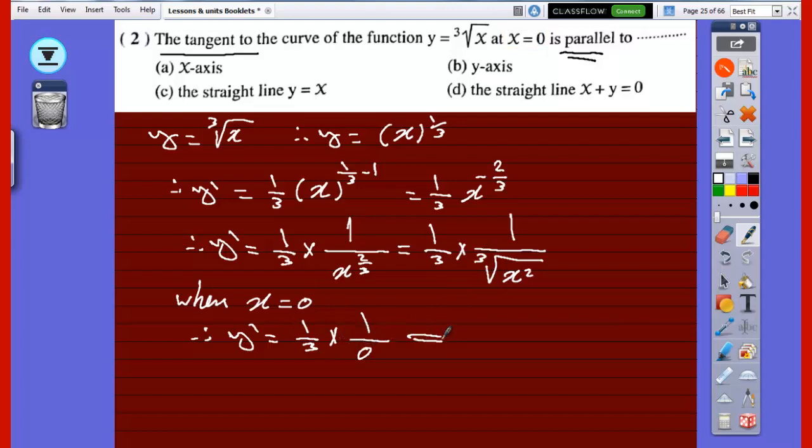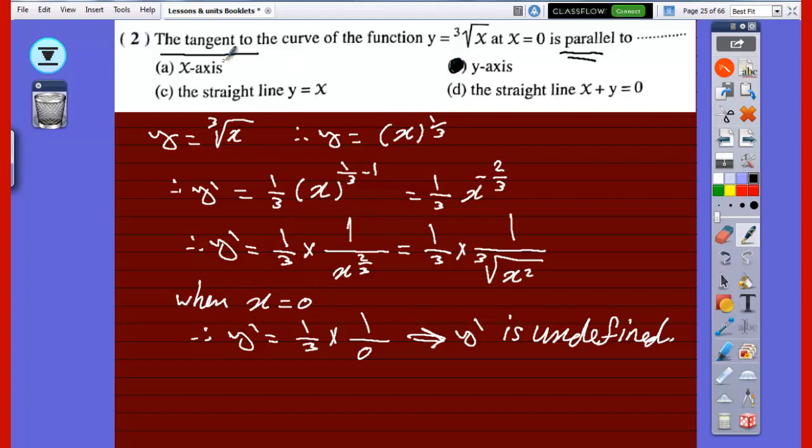So y dash is undefined. When the slope of the tangent is undefined, it is perpendicular to the x-axis, and it is parallel to the y-axis, and we will choose letter B as the solution.